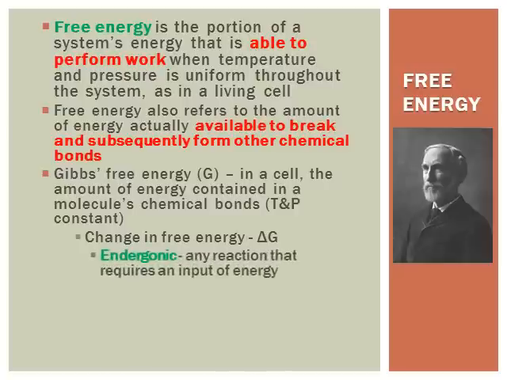Any reaction that requires an input of energy, and we've used these terms before, is considered to be endergonic, meaning that we need to add some free energy to that system, and exergonic means that energy is released. Usually in living systems, we couple these kinds of reactions. If we have a reaction that's going to require an input of energy, we also carry out a reaction that is going to release some energy.